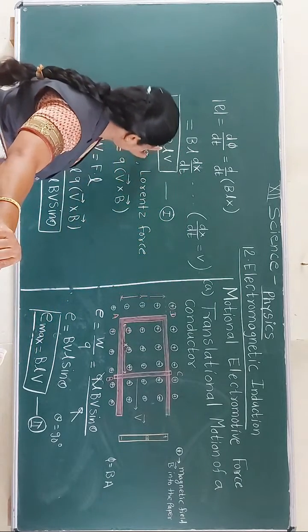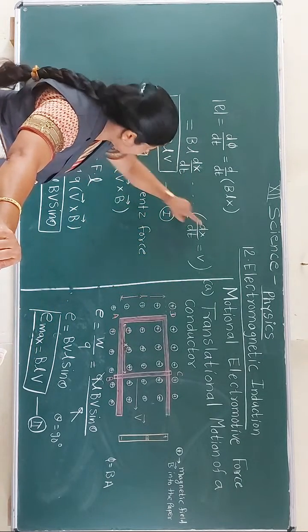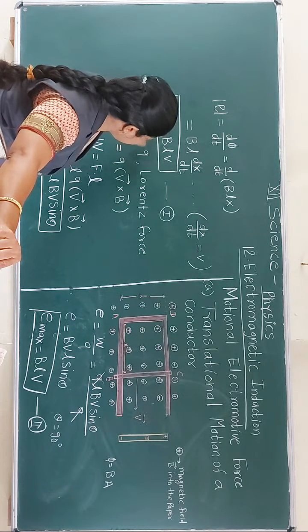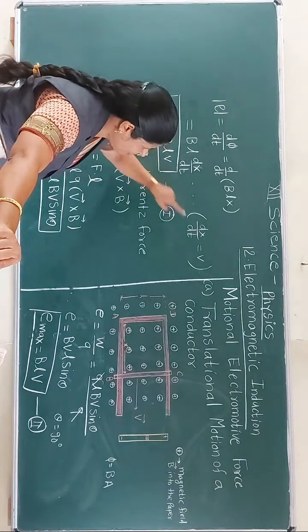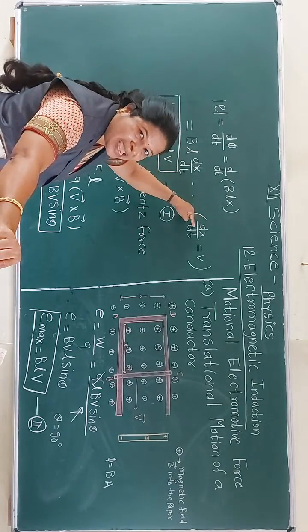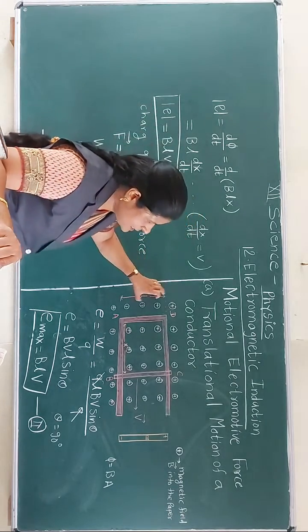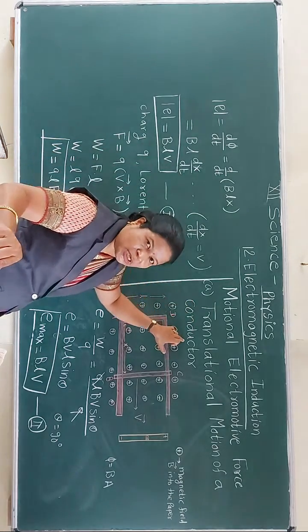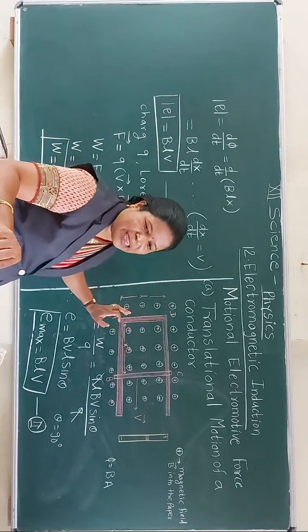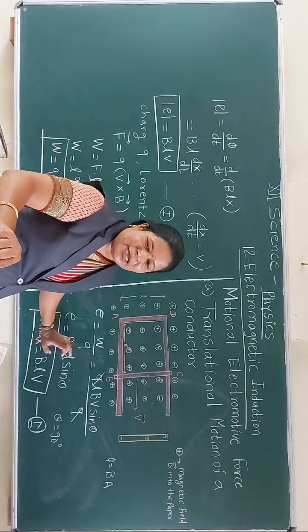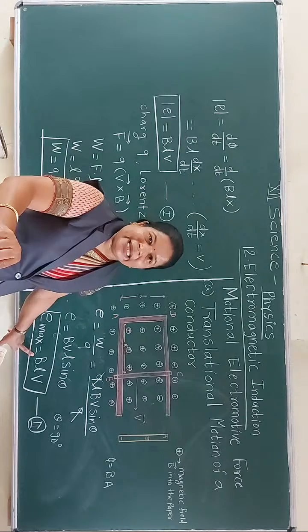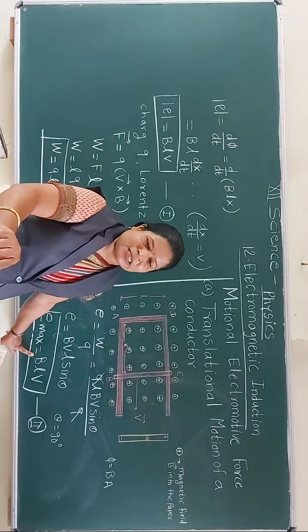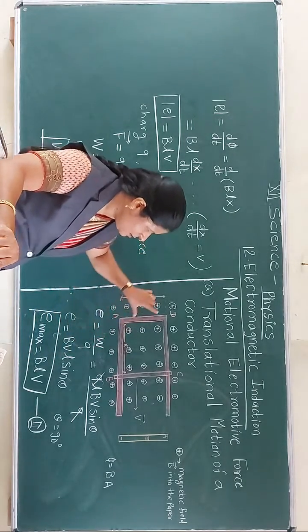The induced EMF, the time derivative of flux, is equal to B L V, and we know that V is equal to dx by dt. That means in translational motion we get the value of induced EMF as the time derivative of flux for any circuit.